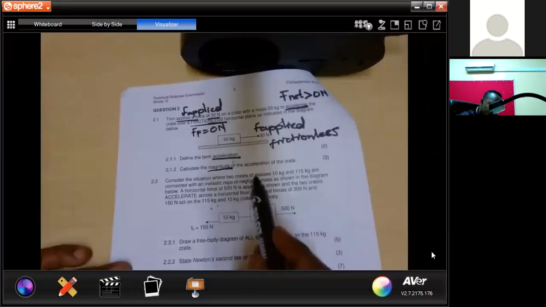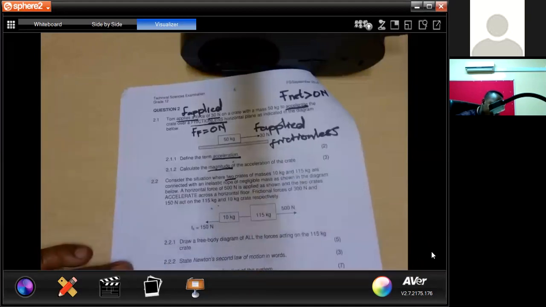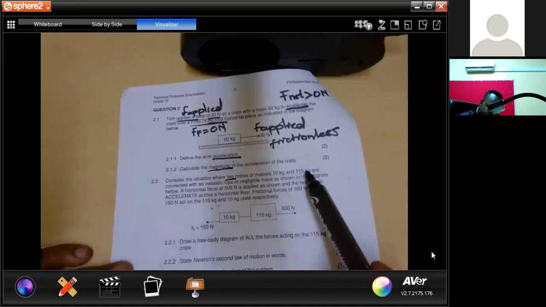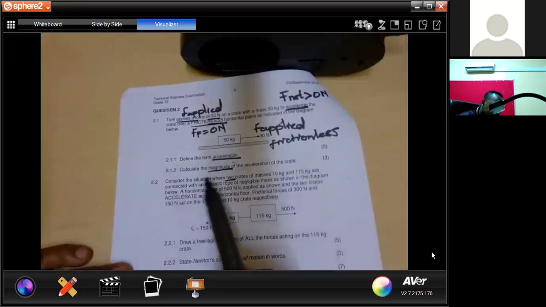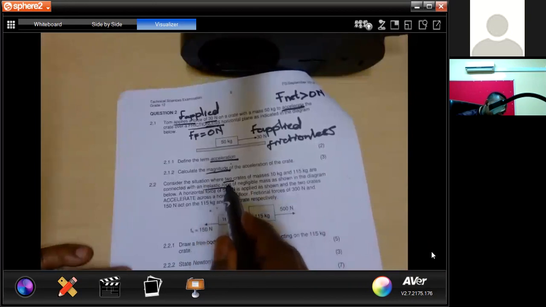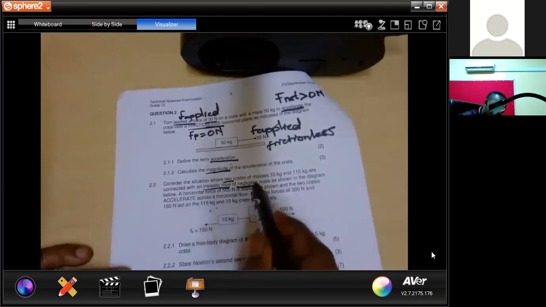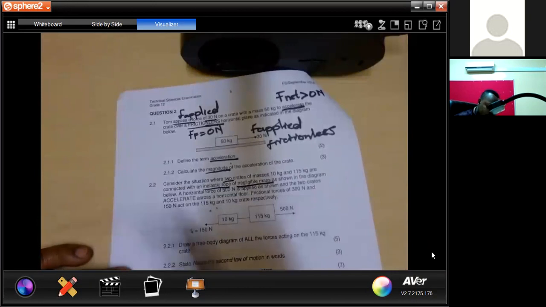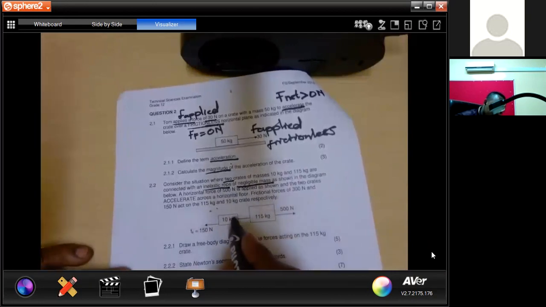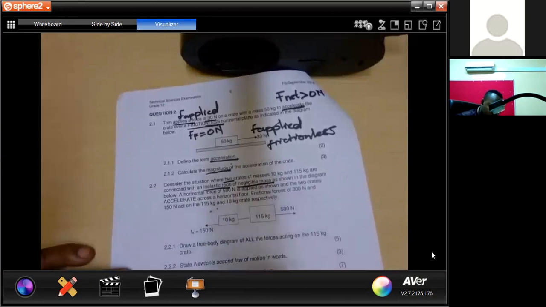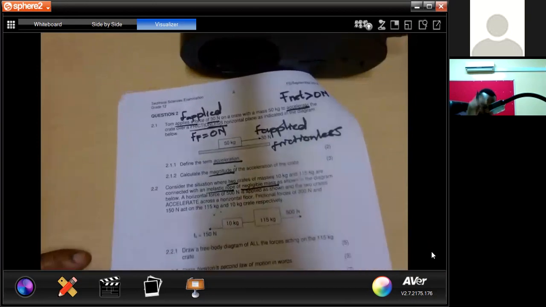Consider the situation. Crates of masses 10 kilograms and 115 kilograms are connected with an inelastic rope of negligible mass. So already, if you look at the diagram, there you have those two crates. They have a mass of 10 kilograms and a mass of 115 kilograms.